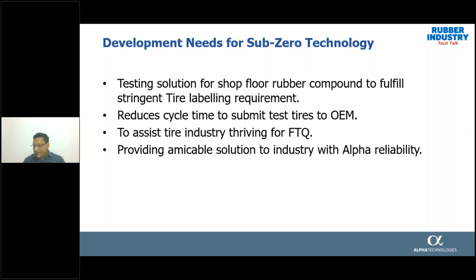This will certainly help in reducing the cycle time for sample submission to OEM, and assist the industry striving to attain first time quality, above all to provide an amicable solution to industry with alpha reliability. Then after defining the needs of the sub-zero technology, we decided what should be our focus.